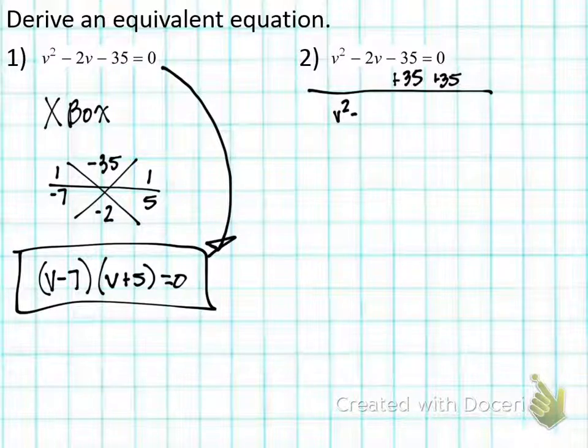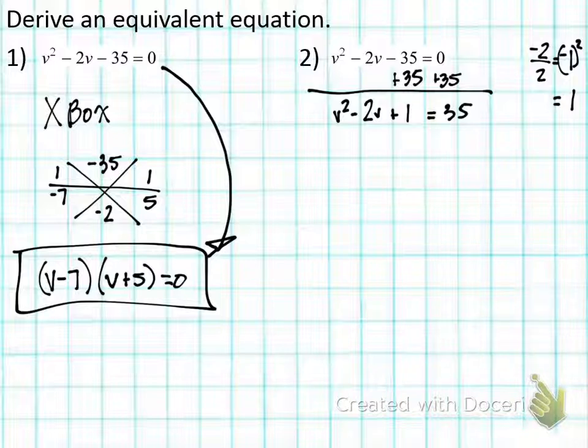So I'm going to add 35 over, you'll see 36 in a moment. v squared minus 2v is equal to 35. And then I'm going to take half of negative 2, which is negative 1, and we're going to square it, which is going to be positive 1, right? So we're going to add 1 here and add 1 here.